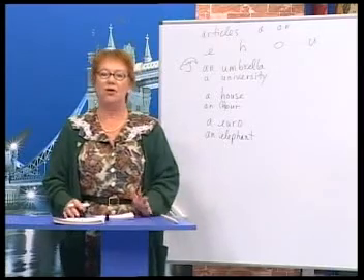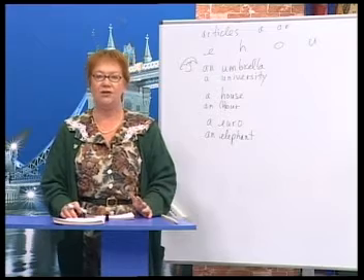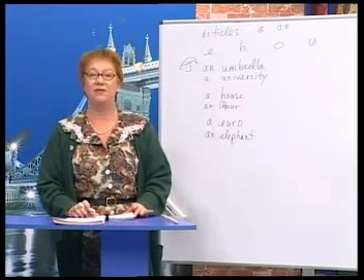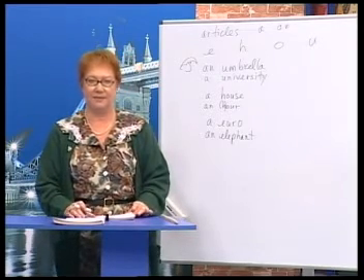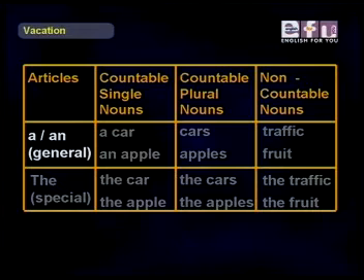Okay, now look at the screen and you can see a chart reviewing the articles. Notice we have countable single nouns, that means one, countable plural nouns, 2, 3, 10, 20, and non-countable nouns. Look where we put a or an. First, a and an are general.